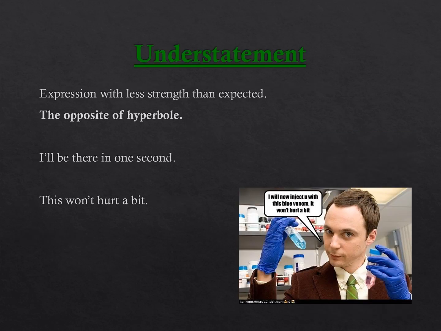So let's go to the understatement. Understatement is an expression with less strength than expected. This is the opposite of hyperbole. Examples are: I'll be there in 1 second. This won't hurt a bit. So those are examples of an understatement.